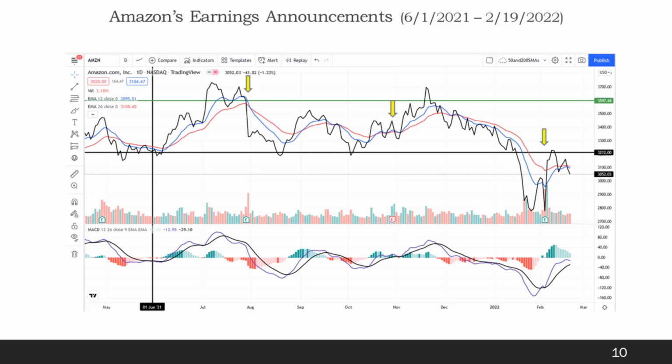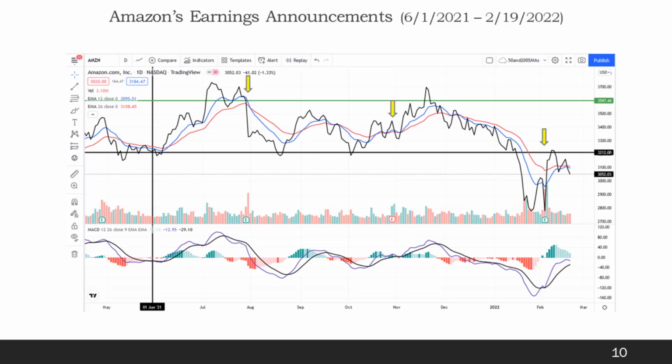For February 3rd, 2022, for a third time, Amazon's earnings came in below estimates. The market must have anticipated the miss because look at how the price dropped to approximately $2,770 a few days before the earnings announcement.